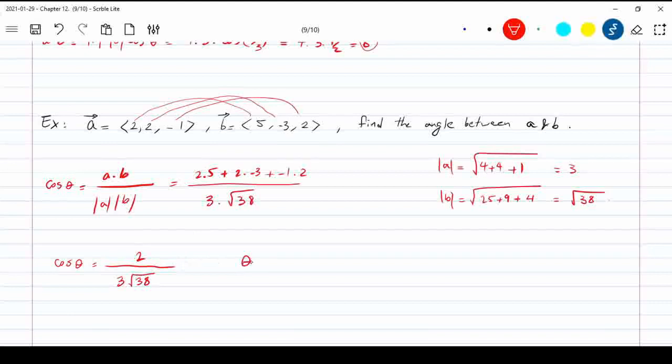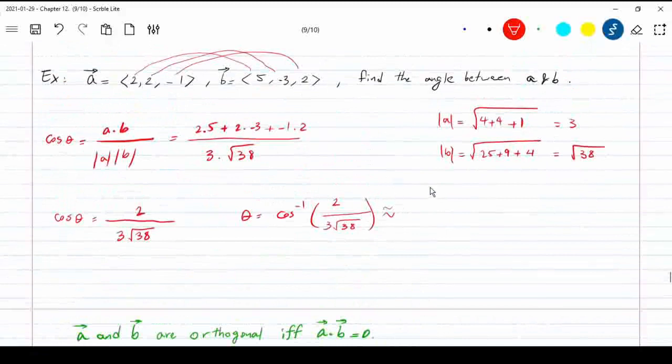So if you want to find the angle theta, you do cosine inverse of 2 divided by 3 root 38. You can use it to figure out what it is approximately. I don't have a calculator at the moment, but you could continue and figure out what that is.